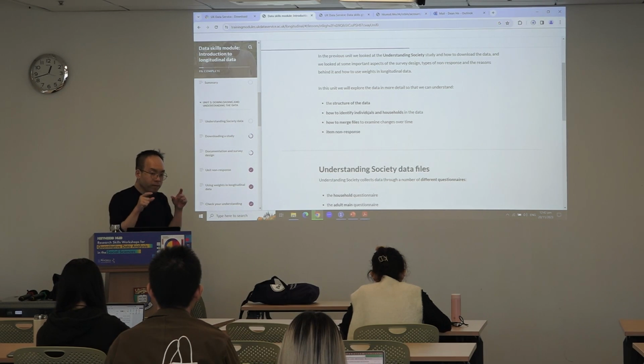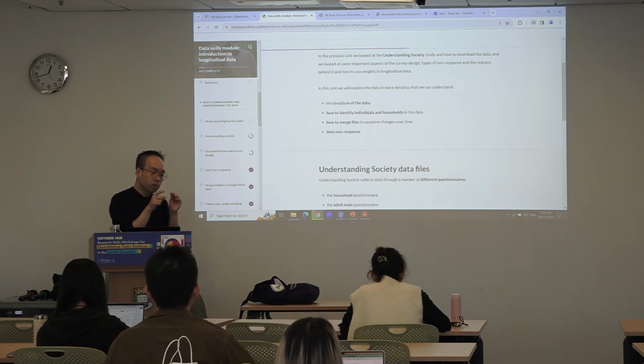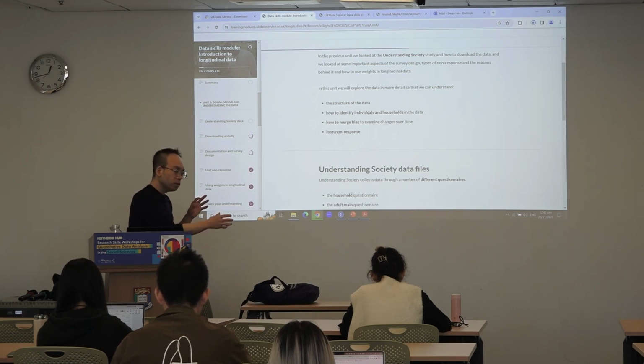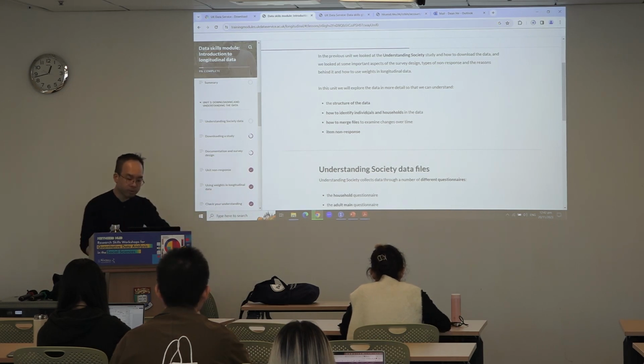SPSS makes it so straightforward and easy by having you point and click on the right command, and also identify the exact data observation ID, and then you'll be able to connect it. Simply put, if you want to merge data sets from wave 1 to wave 2 to wave 3, you just need to identify the specific variable you're merging the data sets based on, and that's it. Pretty straightforward.